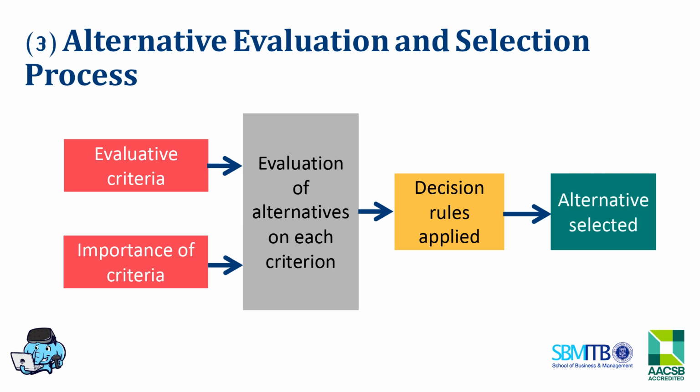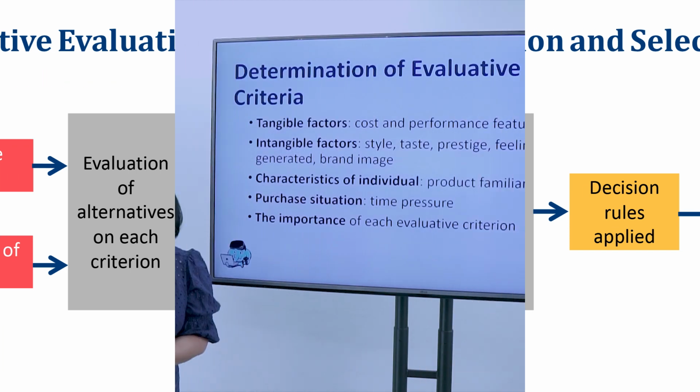After we go through some information, we have some alternative products, and we evaluate the pros and cons of each alternative. This process we call alternative evaluation.